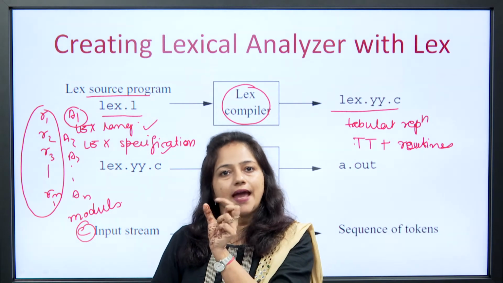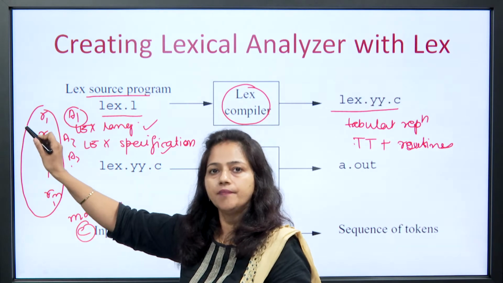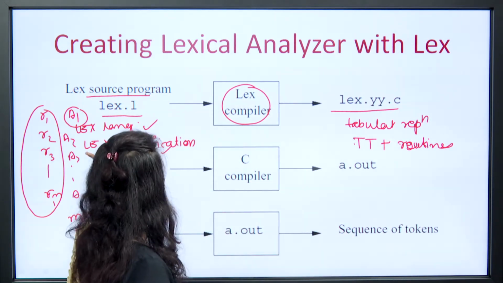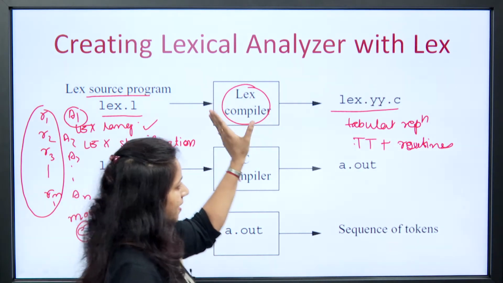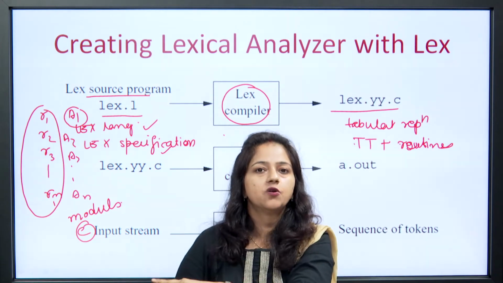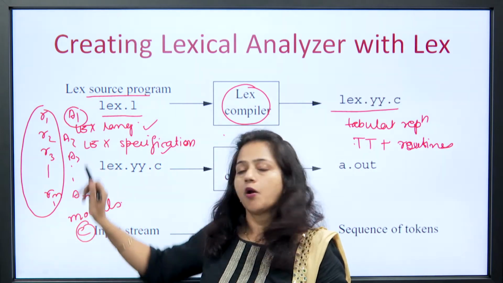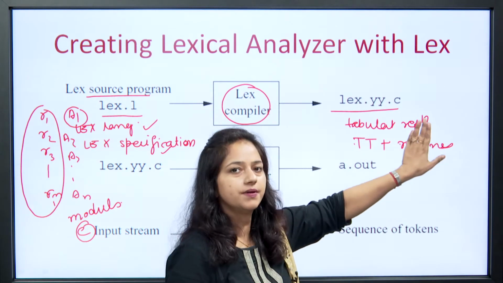So, the appropriate action is to be performed. If this pattern is recognized, what action has to be performed? That will be written in the form of code. So, the Lex compiler will produce the tabular representation or transition table for all rules written here, and all actions or routines or modules will be copied as such.